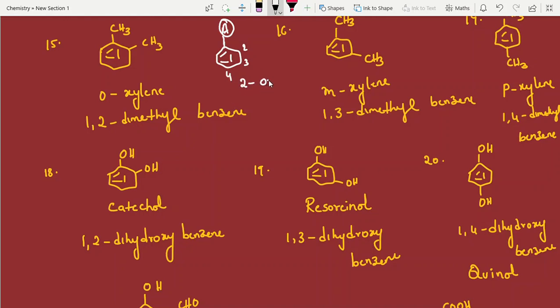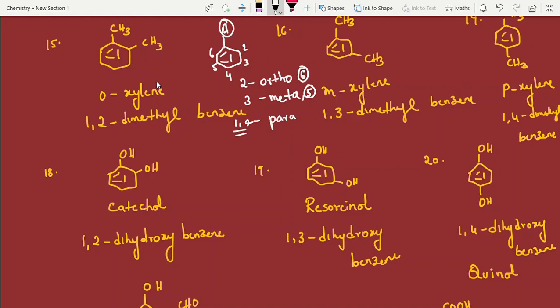The second position we call the ortho position, the third position the meta position, and the fourth position the para position with respect to this group. Even the sixth position is also an ortho position, the very next positions, and the fifth position is also a meta position, and 1 and 4 are para positions. Or else you can say 1,4 positions are para positions. Now see orthoxylene.